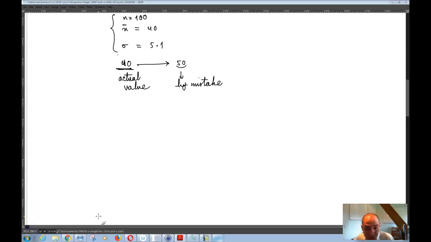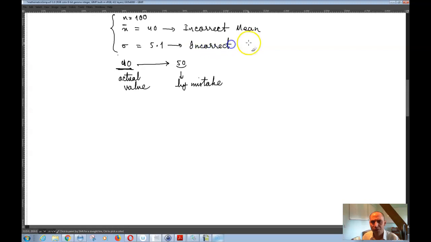Okay, so to solve this problem, you know that the number of observations was 100, and this is your incorrect mean, and this is your incorrect standard deviation.